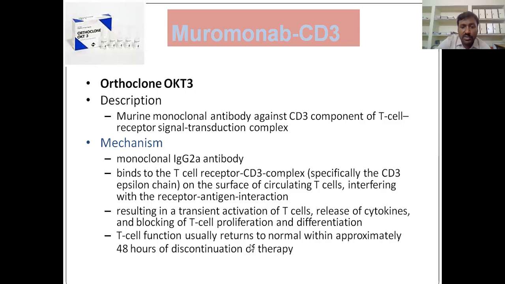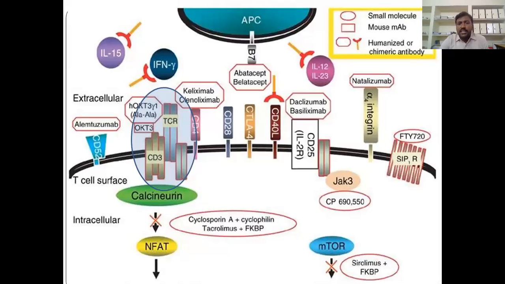T cell function usually returns to normal approximately 48 hours after discontinuation of therapy. So when the T cells are inhibited, after 48 hours again they come back to the normal process. We already discussed the entire mechanism of action.